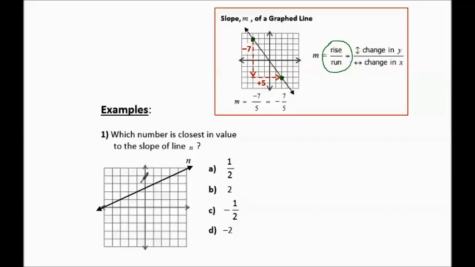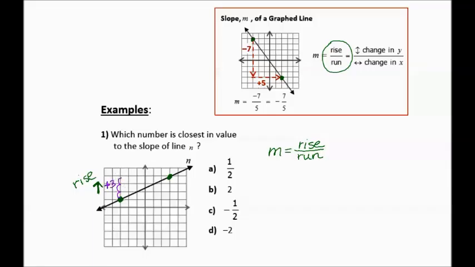So let's look for that in our problem. I see a good intersection point right here, and I see another one here. Remembering that slope is rise over run, we are going to find our rise first. So that would be 1, 2, 3, positive 3, because we went up.